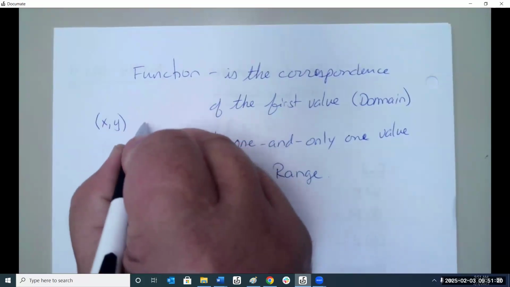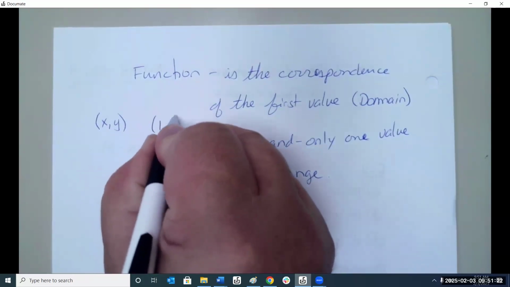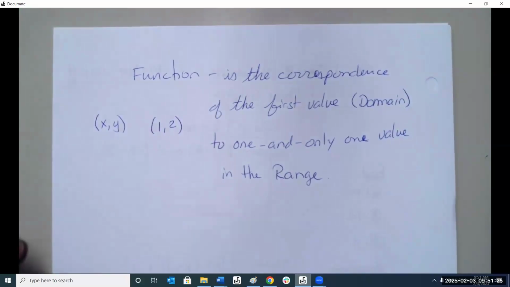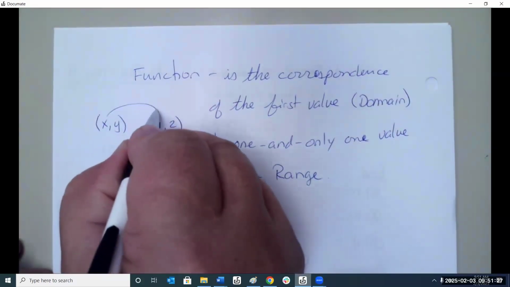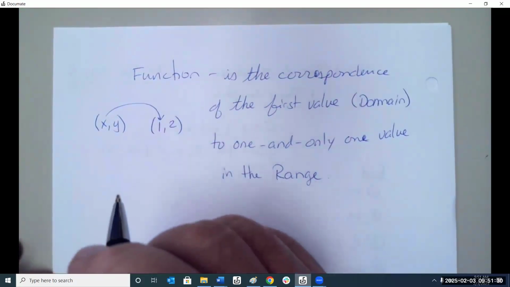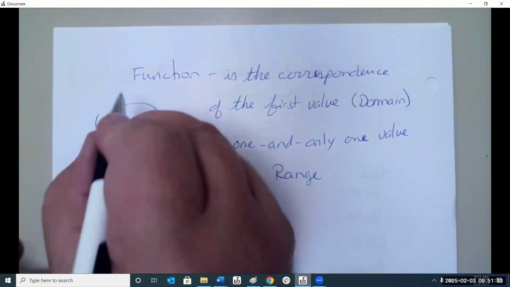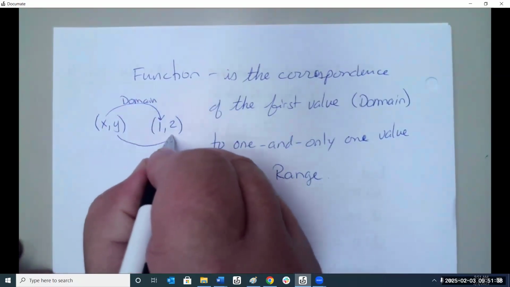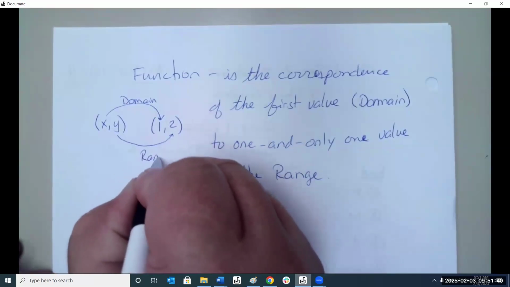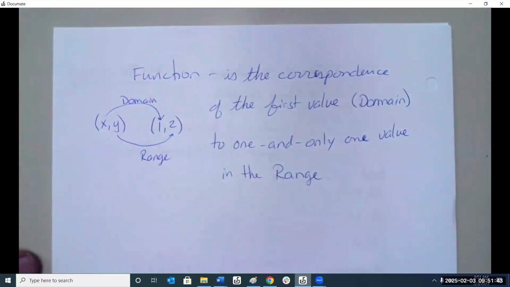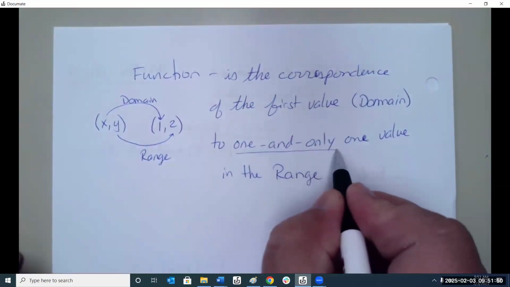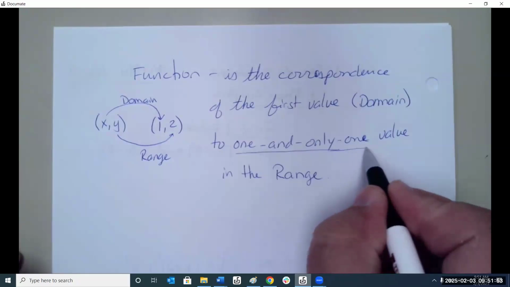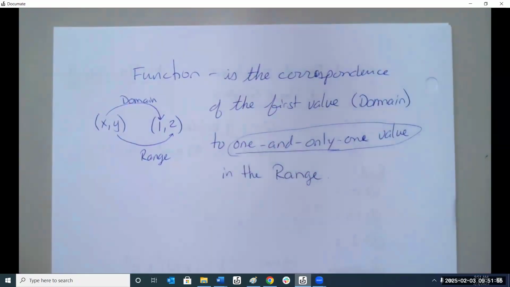We have an ordered pair, and it matches, let's say, to a specific location. The first element is the domain. There's your X values. The second value is the range. And what does one and only one mean?